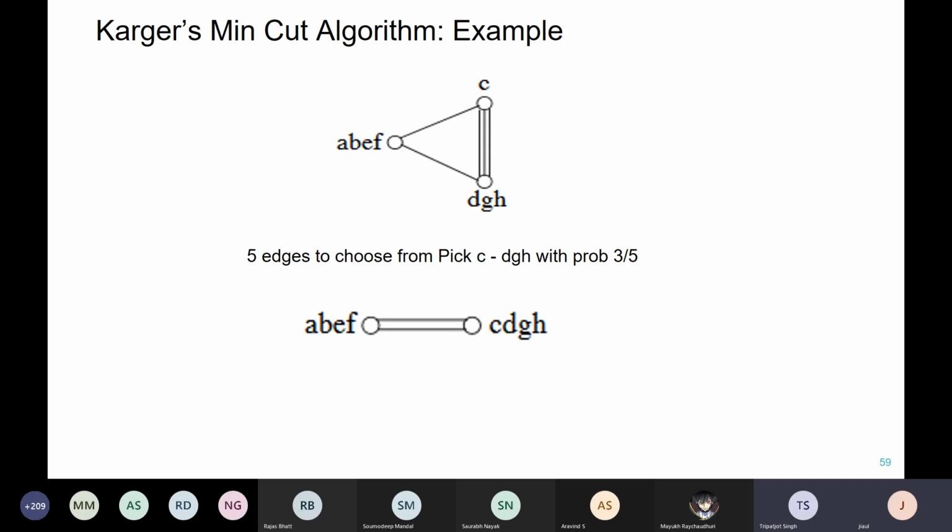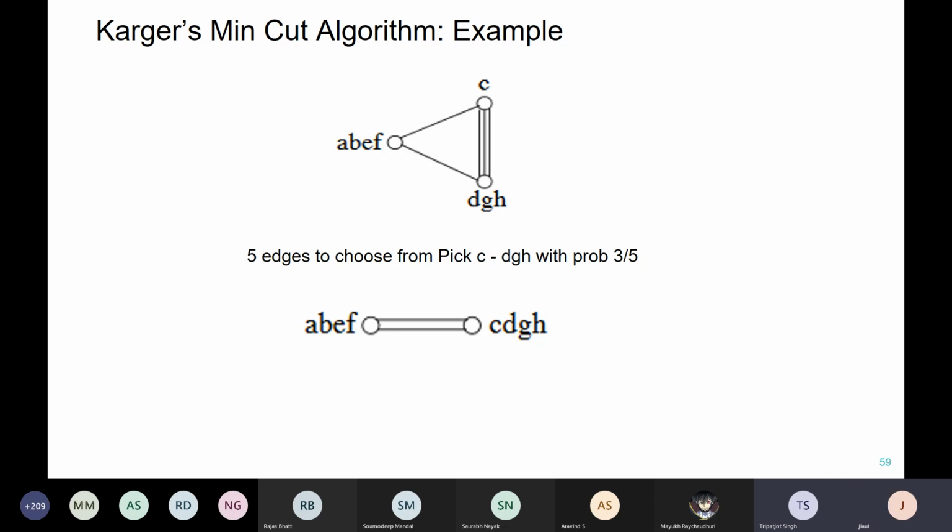The moment you get two hypernodes, I will call them hypernodes because now the nodes have multiple nodes inside them, the moment you have these two nodes, you basically stop because you have nothing to do now. Your objective was to partition the graph into two so that you have the minimum cut, and you have achieved that, so you can stop now.